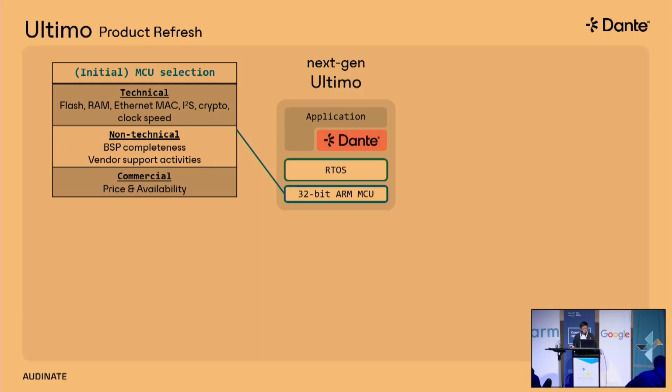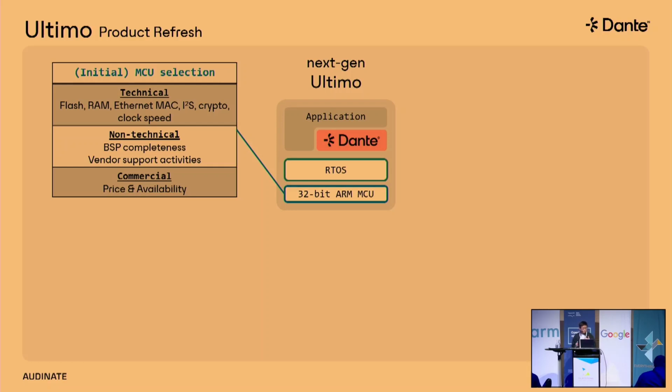We also wanted to consider a few selection criteria, including technical criteria: more flash and more RAM for future features, an Ethernet MAC as we rely on networking, I2S for audio, crypto acceleration hardware blocks for audio encryption and audio confidentiality, and a decent clock speed.